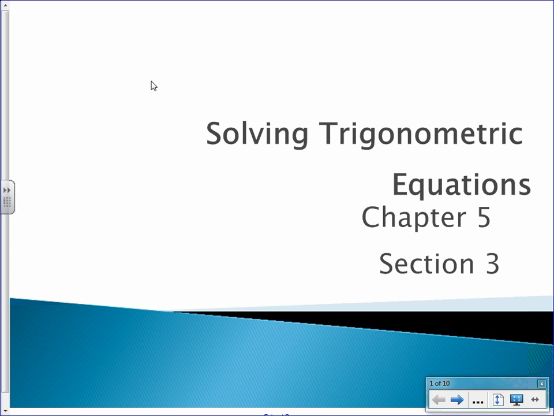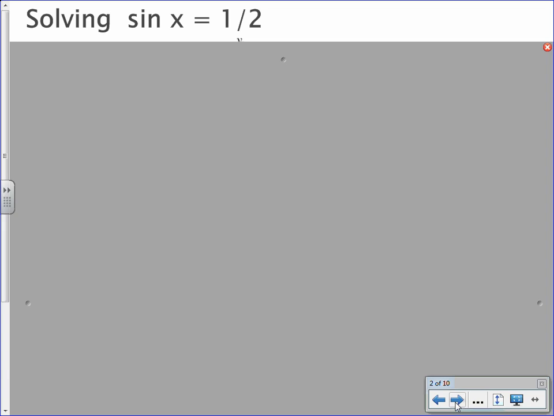Okay? So when I say solving a trig equation, you're going to get something that maybe looks like this. Sine of x equals 1/2. Okay? So if I asked you, what is x? Kyler, what would you tell me? I would tell you that it's pi over 6.